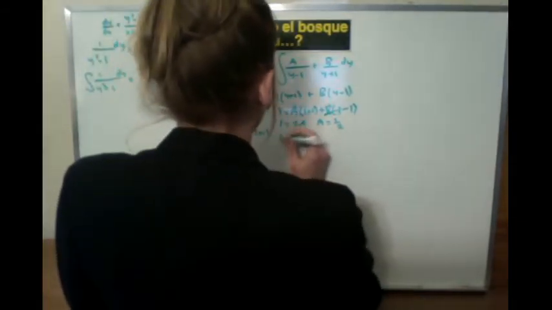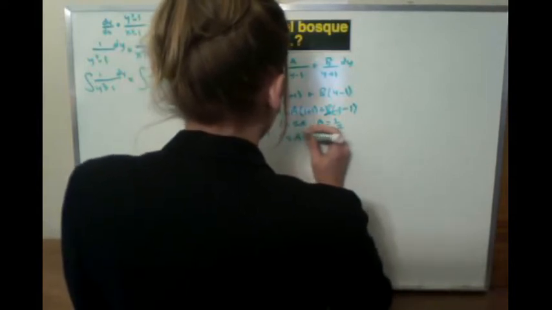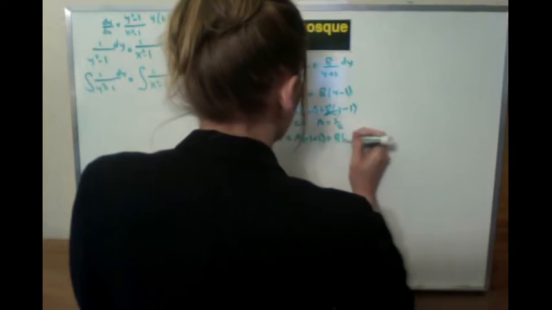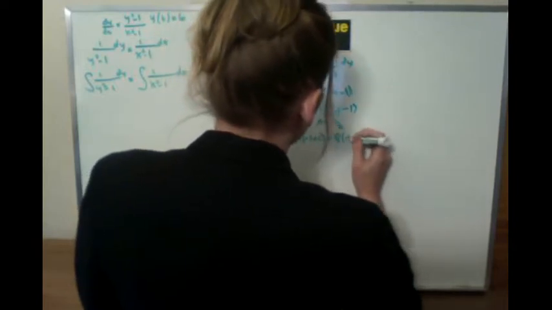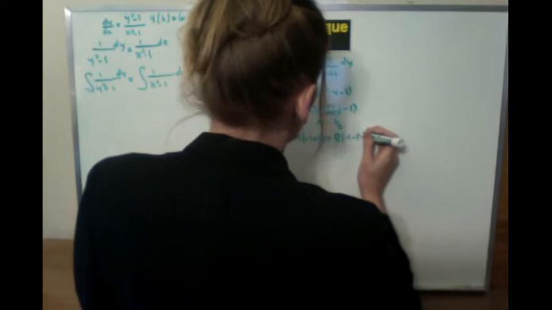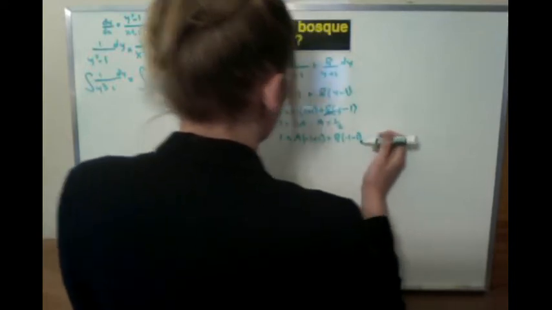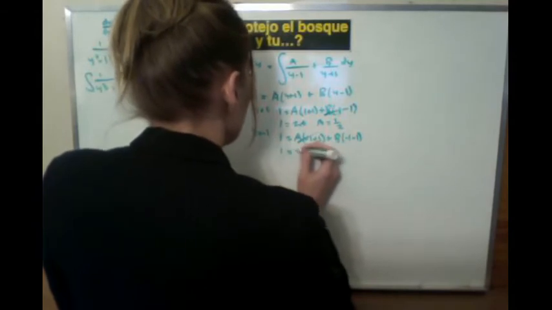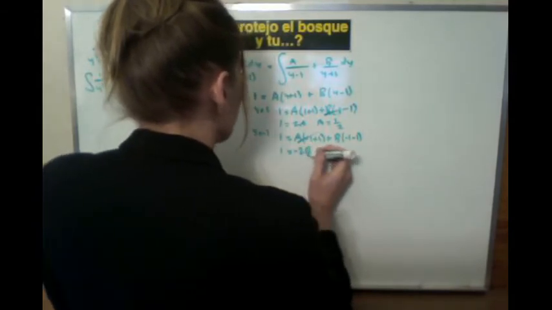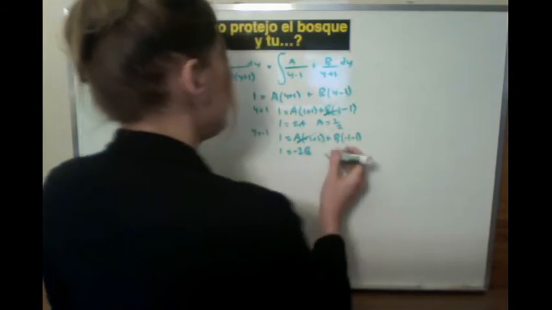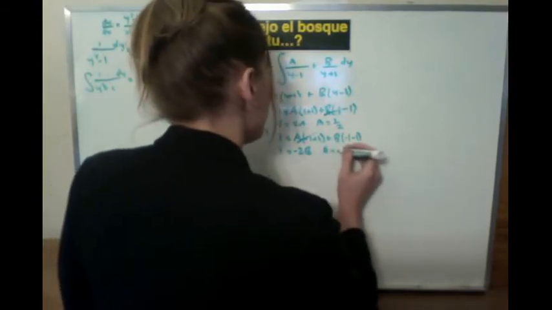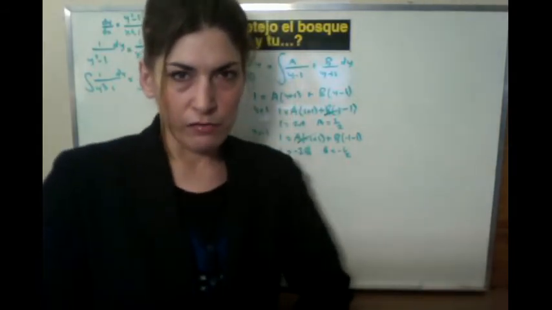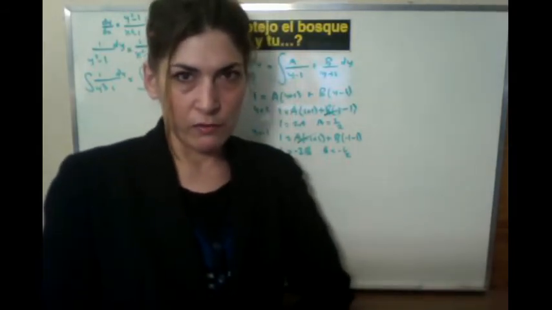This gives us 1 equals a times minus 1 plus 1 plus b times minus 1 minus 1. This gives us a equal to 0 and 1 equal to minus 2b. We can now solve for b to give us b equals minus 1/2. Now we can plug in values for a and b into our integrals to solve.